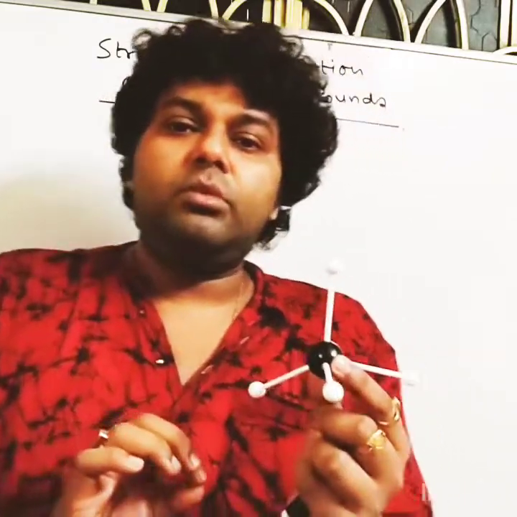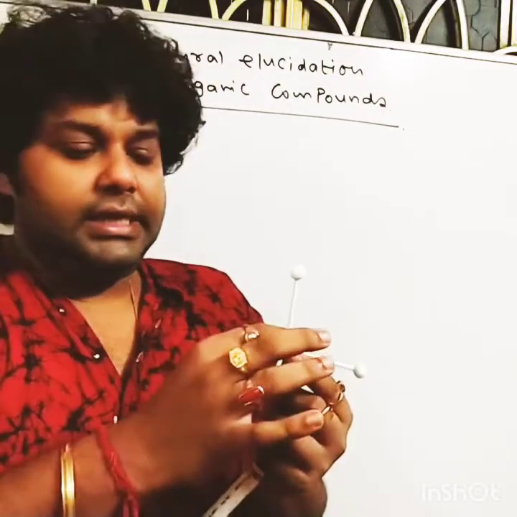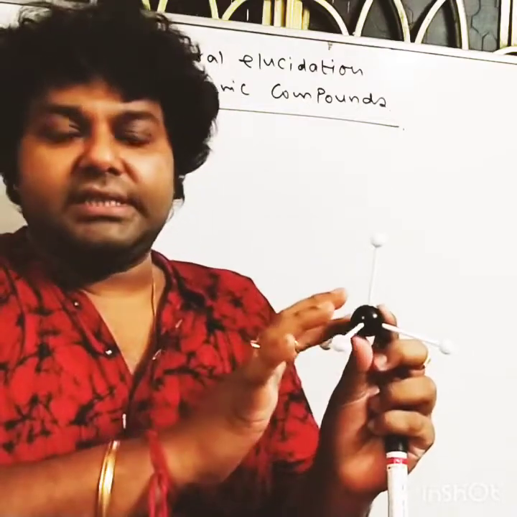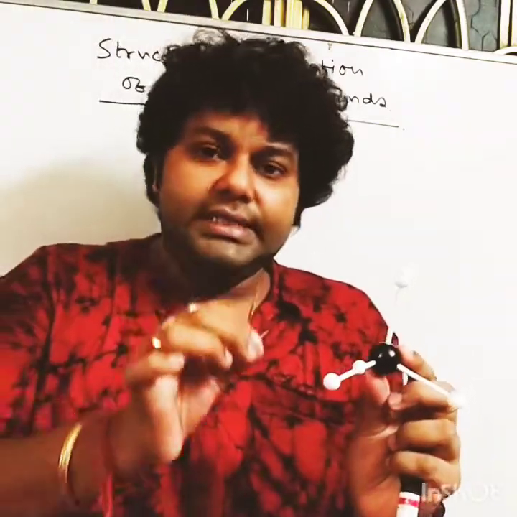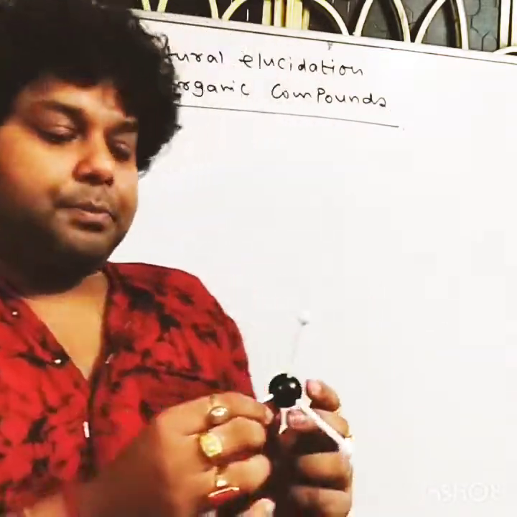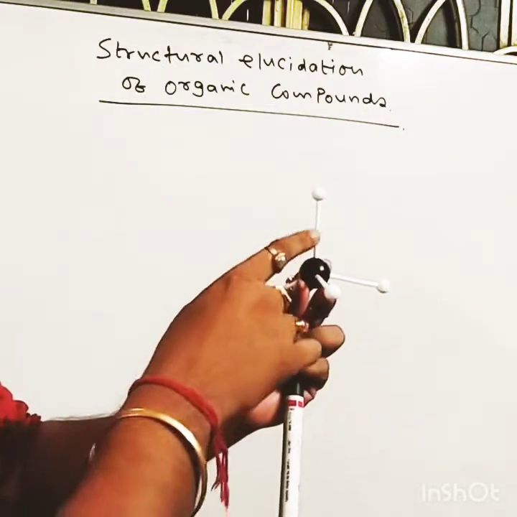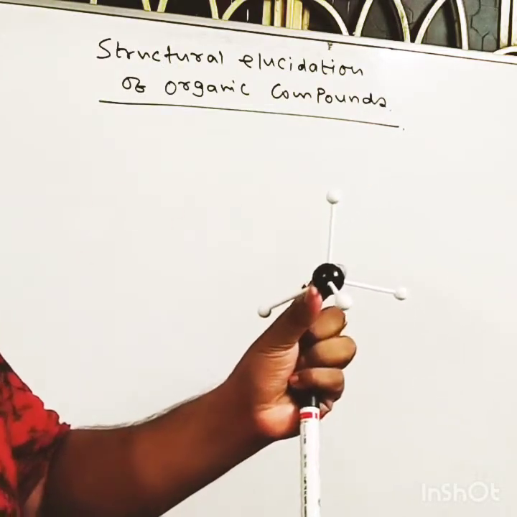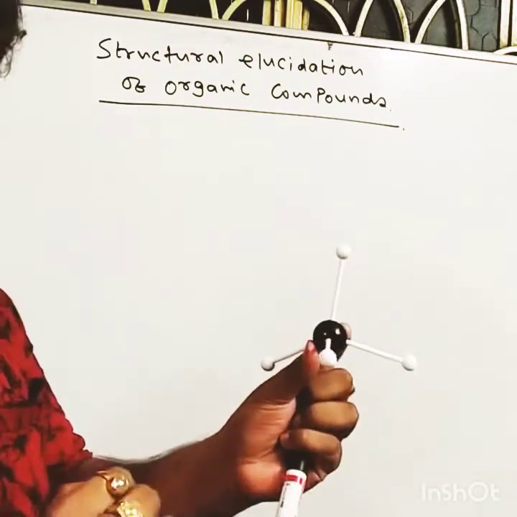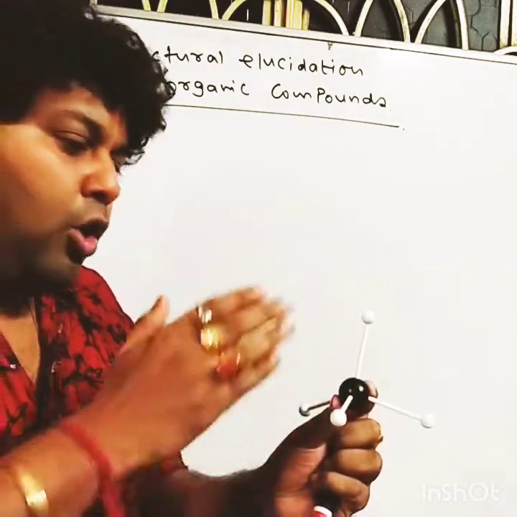But the most important thing in this structure is to understand how these bonds are represented. Let me explain that. Once you are holding this carbon, just see this bond and this bond, if I consider them to be on the plane.